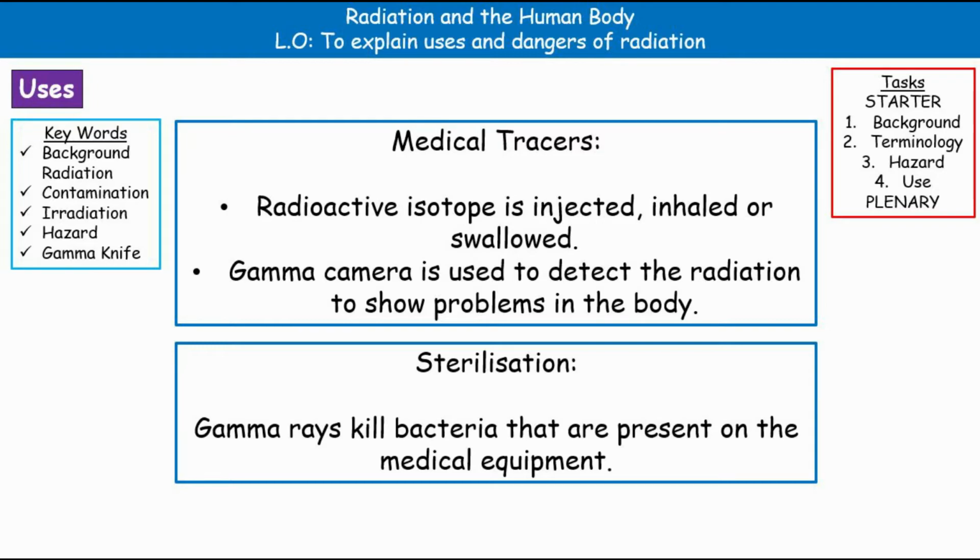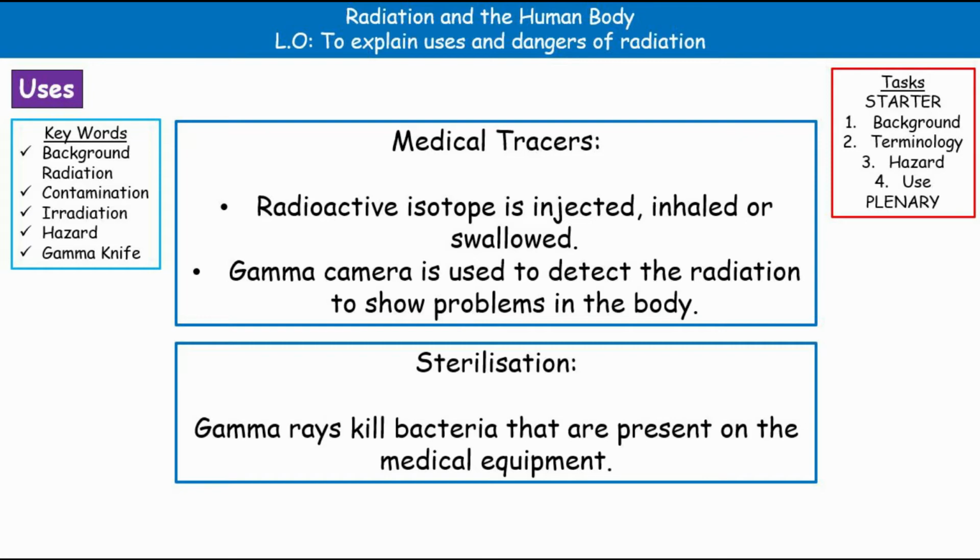Second is sterilisation. Now, what we find in terms of medical equipment is not everything is great to heat up. If we think about all the different implements that we use in medicine, sure, some are metal, so things like scalpels and so on, they're fine. You can heat those up to very high temperatures to kill any bacteria on the surface. But we also use a large amount of things like tiny plastic tubes. Now, if we heat up plastic tubes, we don't so much have a plastic tube anymore as a plastic blob.